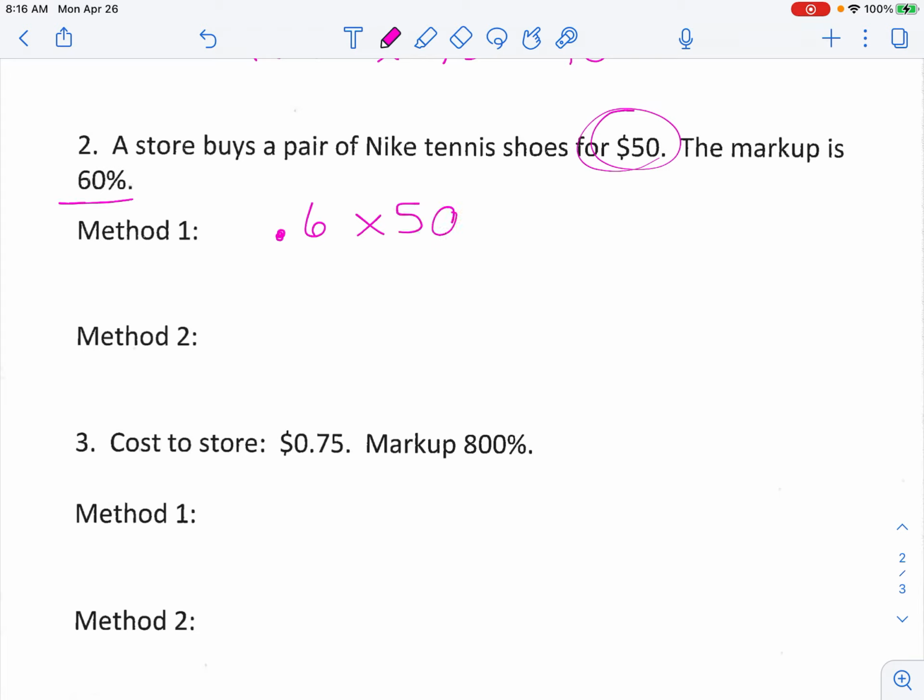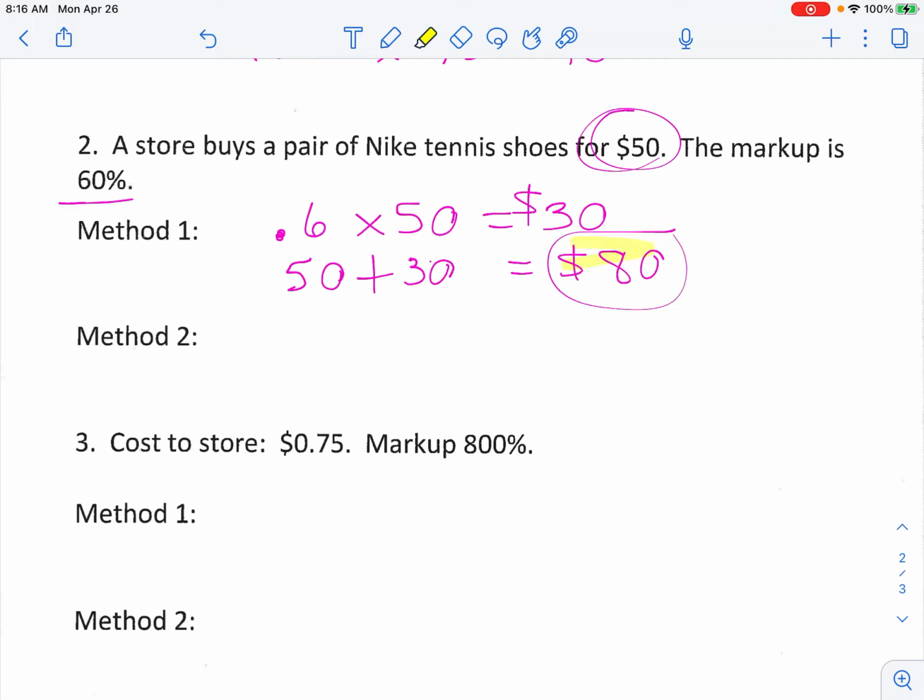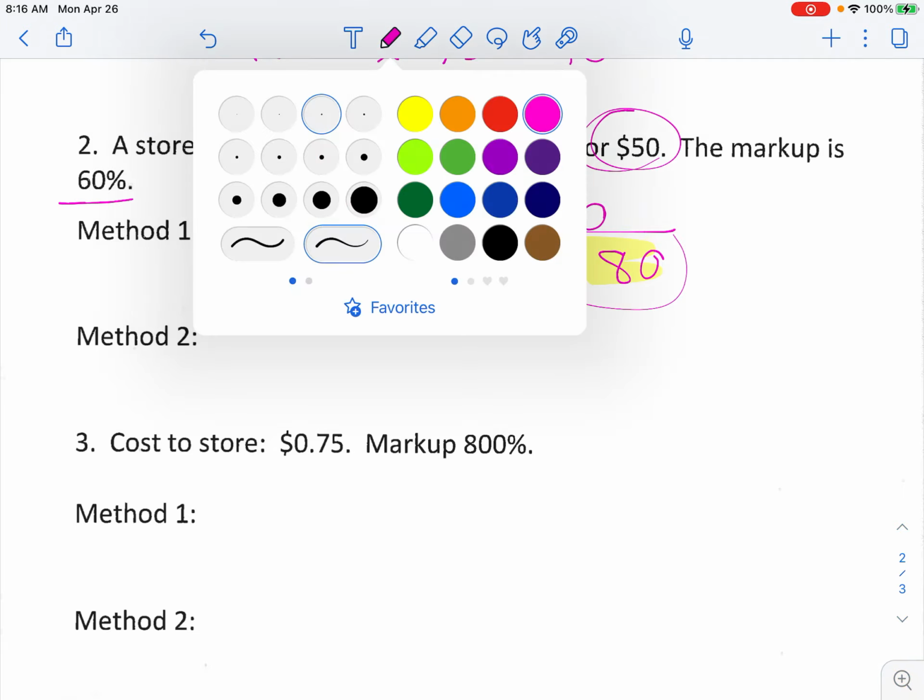On your calculator, if you multiply 6/10 times 50, it says 30. So they're increasing the cost of the shoes by $30. Well, if they paid $50 for the shoes and they're going to mark up the shoes an additional 30, they're going to charge you $80 for that pair of shoes. So the markup was 30 and the total cost is going to be 80.